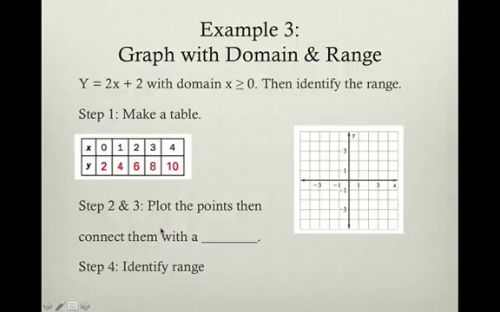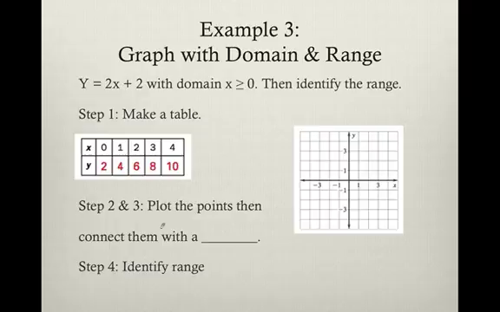Okay, now we're going to graph our linear functions with a domain and identify the range. Keep in mind, domain is simply what kind of numbers can I plug in for x? And range is what numbers do I get when I plug in my domain for x?